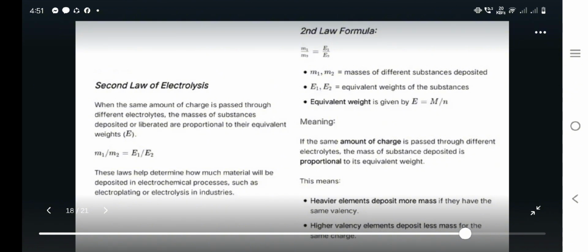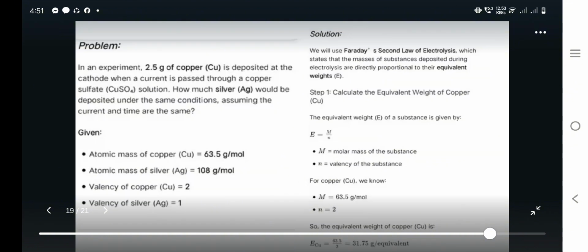So equivalent weight is given by E equals M over N. Meaning if the same amount of charge is passed through different electrolytes, the mass of substance deposited is proportional to its equivalent weight. So this means heavier elements deposit more mass if they have the same valency, and higher valency elements deposit less mass for the same charge.